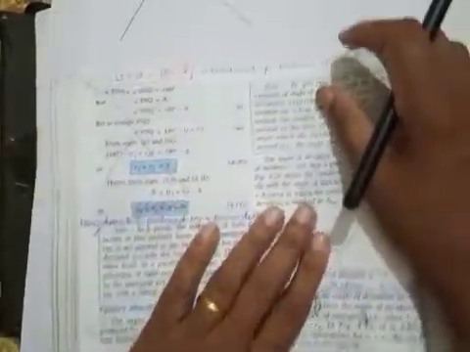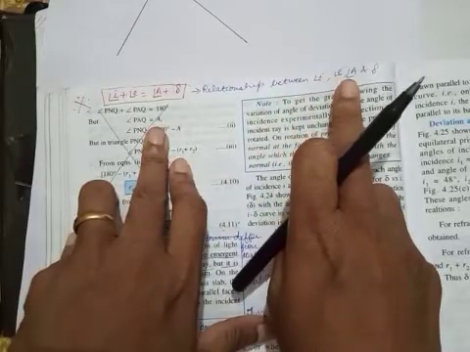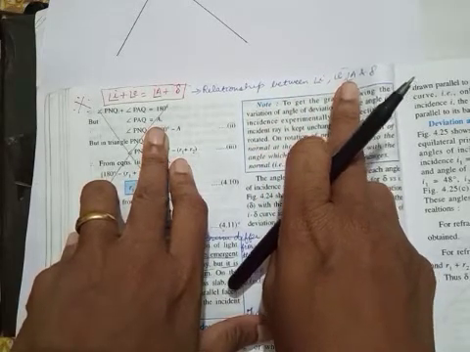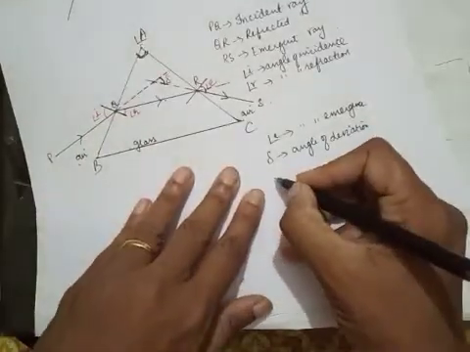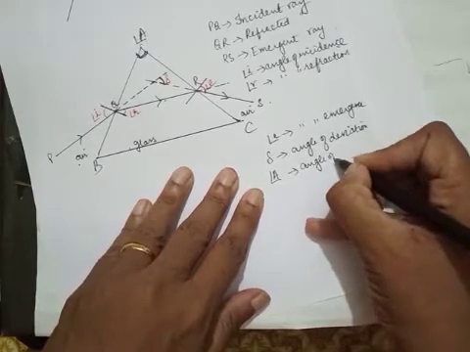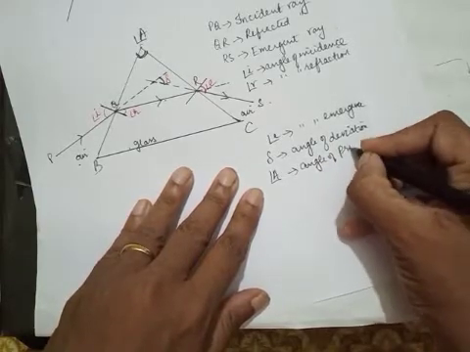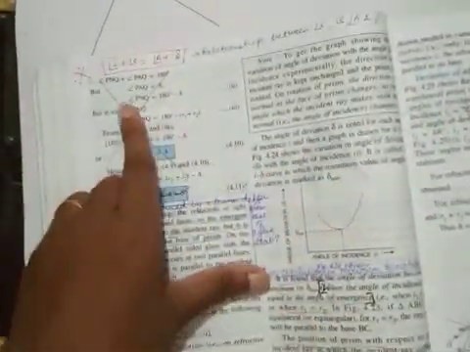Okay, so I've given the name as relationship between angle I, angle E, angle A and delta. Actually there are five angles. Angle A is angle of prism. Okay, so this relationship is between four angles.